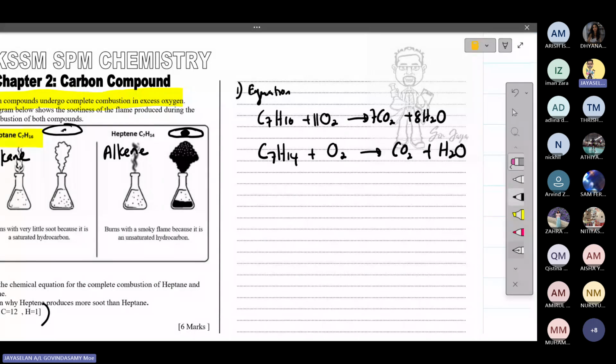Arvind, balance the equation. 7 carbon dioxide, then 7 water. Okay.